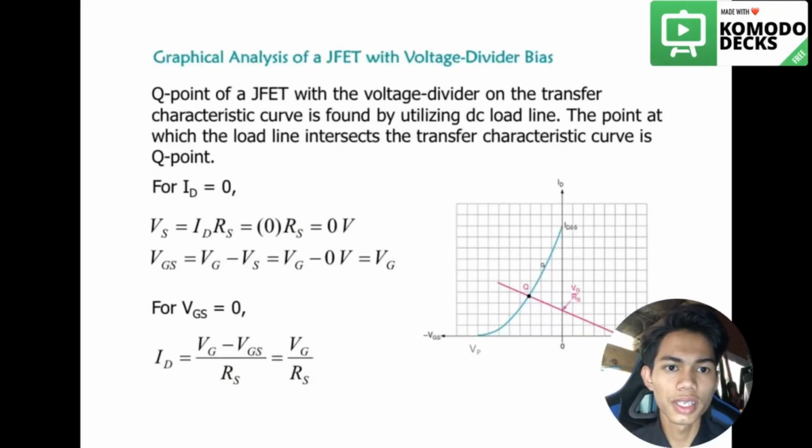Graphical analysis of a JFET with voltage divider bias. Q point of a JFET with the voltage divider on the transfer characteristics curve is found by utilizing DC load line. The point at which the load line intersects the transfer characteristic curve is Q point.